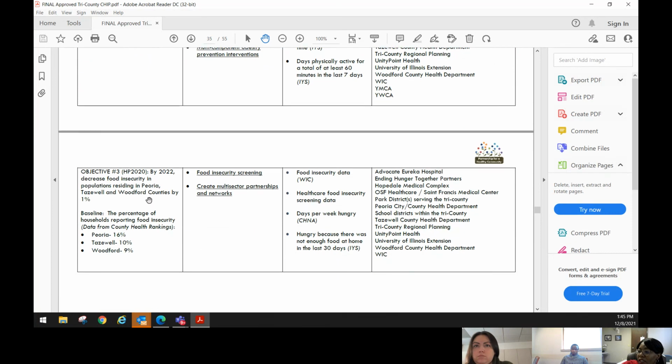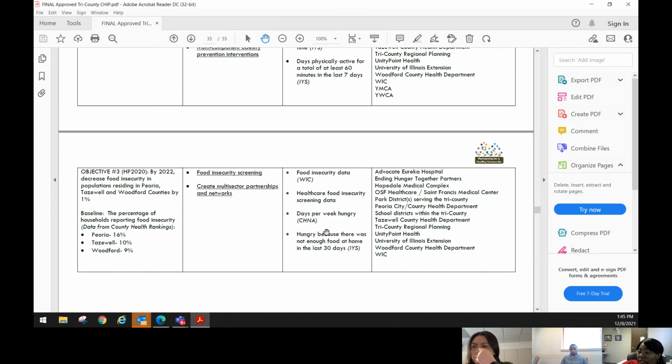So again, you can look at food insecurity is real. We need to assess the level of food insecurity in our community to really know what we need. Do we need more grocery stores? Is the grocery store the answer? Do we need more education on healthy foods and healthy food prep?